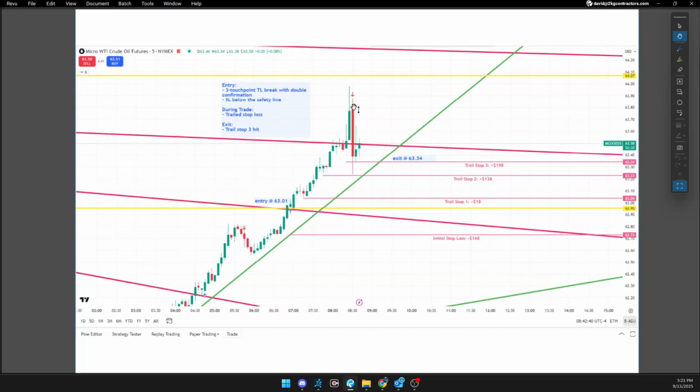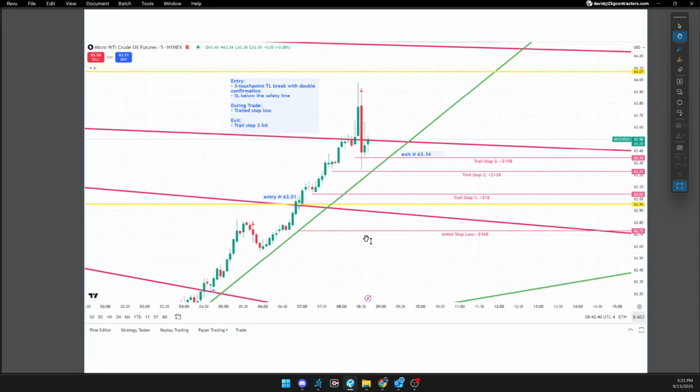And then he got out here, before the safety line, and there's nothing wrong with that. He saw that he had an upper trend line. It broke the upper trend line, then came back below it. It was done for him. So he had that figured out.